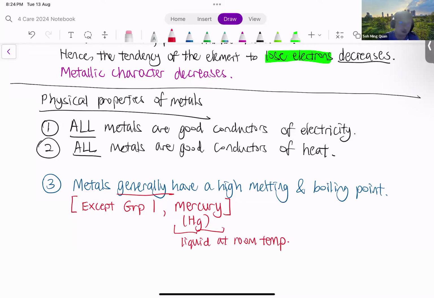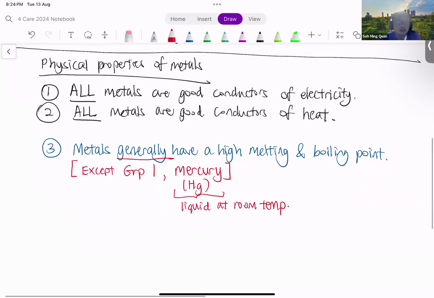Because if it's a liquid at room temperature, that means the melting point of mercury is quite low. Now, mercury used to be used inside a thermometer. It's the liquid inside the thermometer in the past. This is because mercury expands and contracts in a uniform manner, allowing you to measure temperature as it expands or contracts.